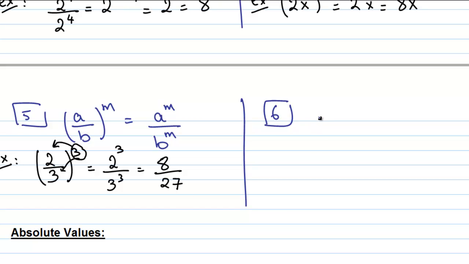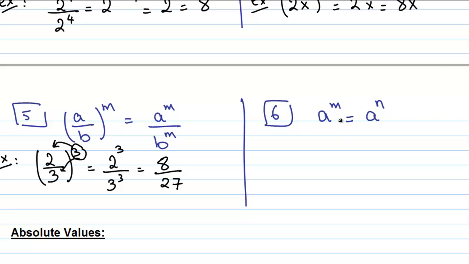The last rule is a very simple one and actually a very useful one. It says if I have a to the power of m equal a to the power of n, and this is very important, you can see here we have the same base. A is called the base in both sides, the left and the right. A to the power m equal a to the power n.